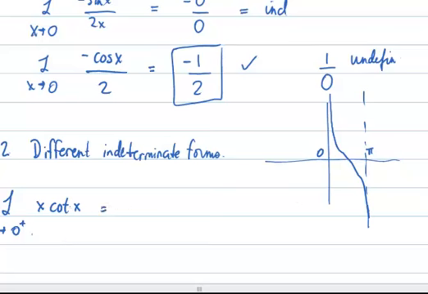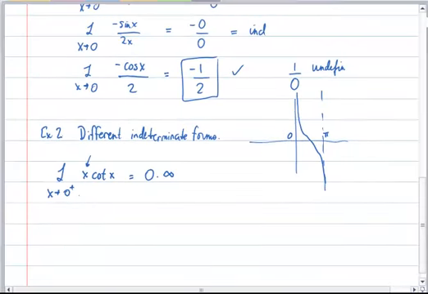And the other function x will be going to 0. So you'll have this indeterminate form of 0 times infinity, which we can't just plug into L'Hospital's rule. To use L'Hospital's rule, you have to have this in a quotient form. So the first step is to convert this to a quotient form.